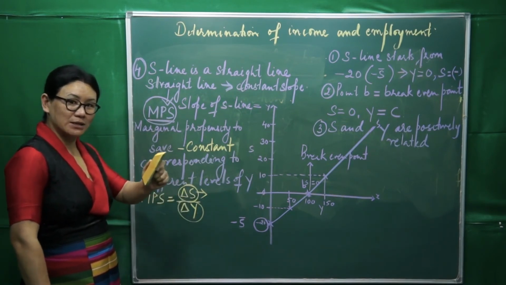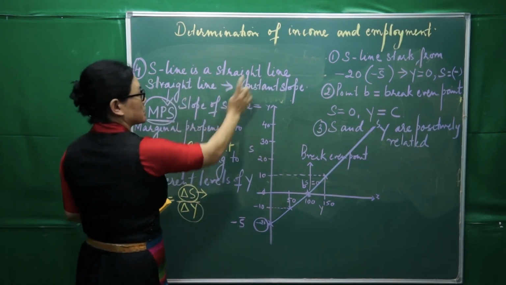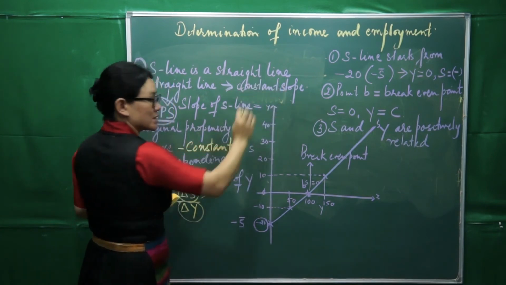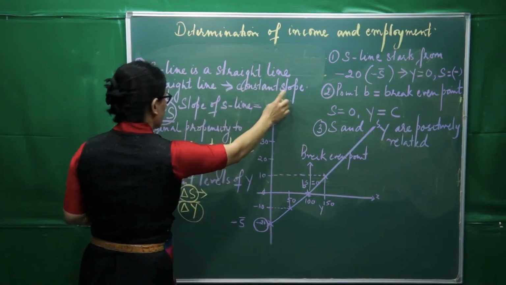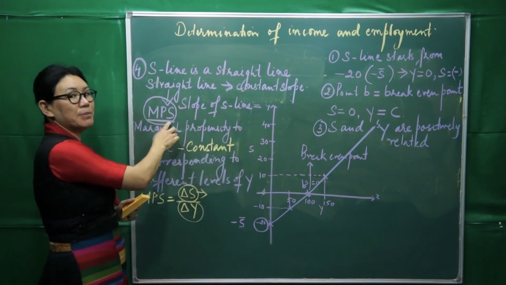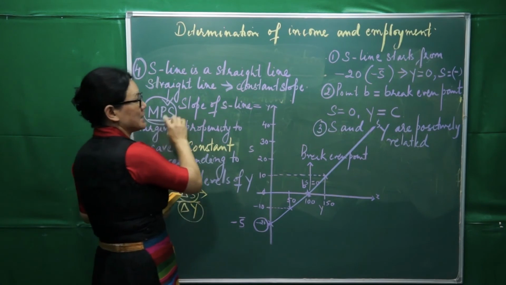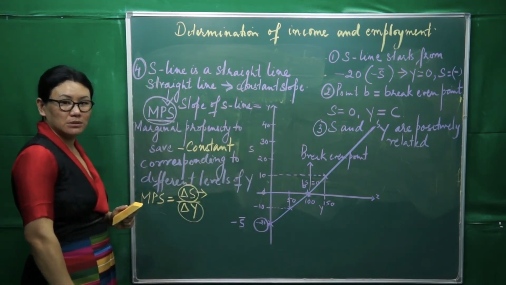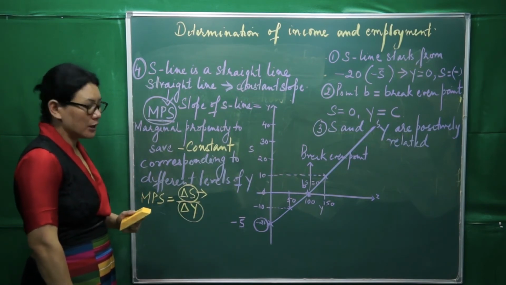So as I said before, in this S line, we are getting a straight line, right? A straight line has a constant slope, and this constant slope is indicated by MPS. So MPS has to remain constant.